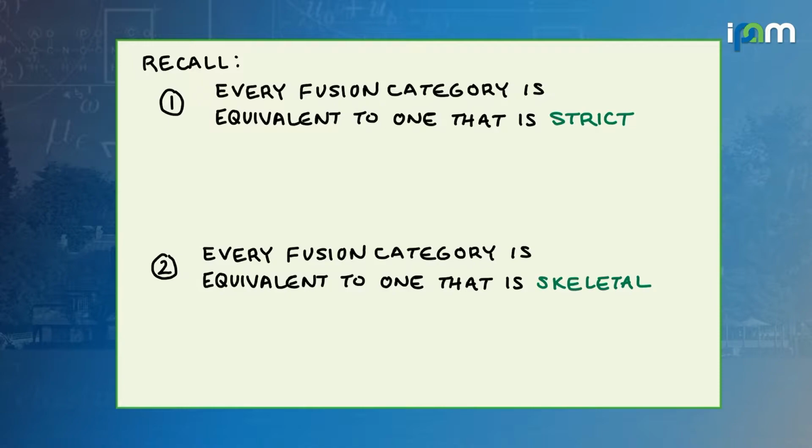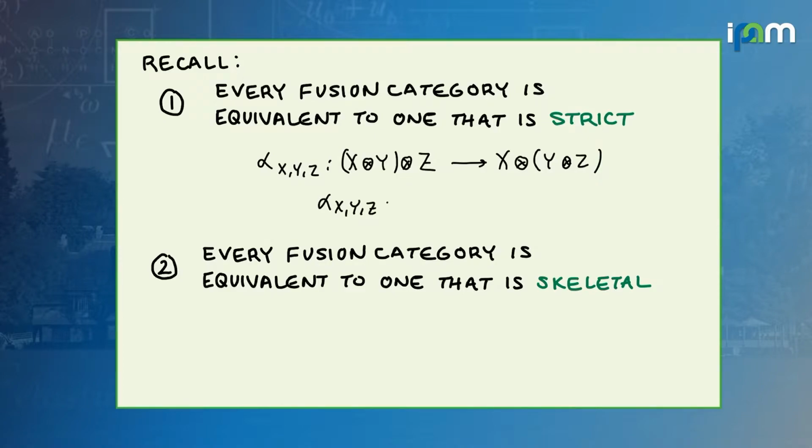And what this means is that the associators, these isomorphisms that tell us how to translate between these left-associated fusion products and these right ones, are trivial. So this is a theorem of Maclane's, and it lets you, without loss of generality, trivialize the associators, which are the hardest part in many ways of working with a fusion category, which is sort of what a modular category is at its foundation.